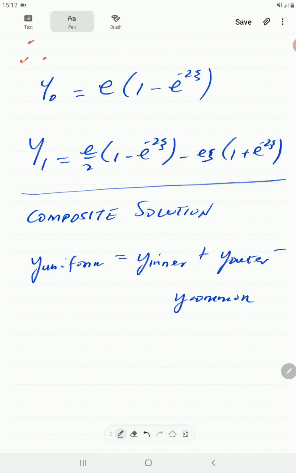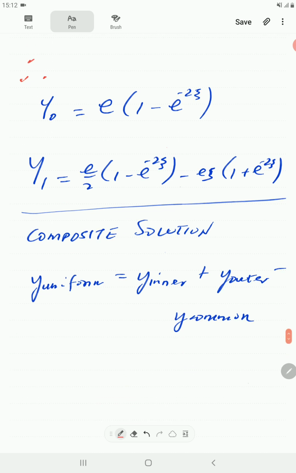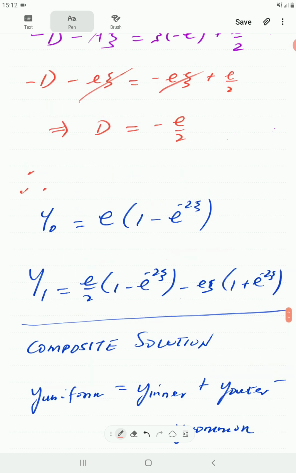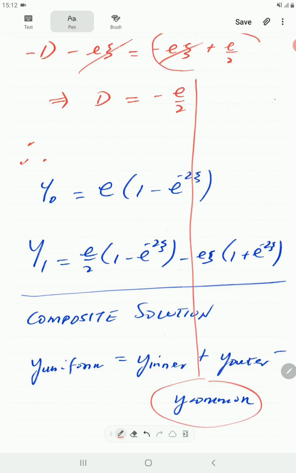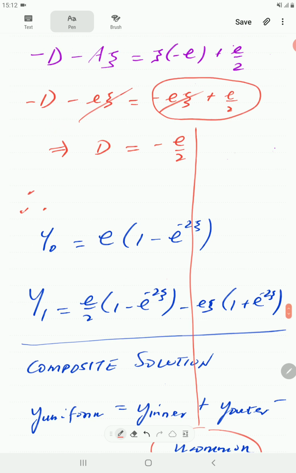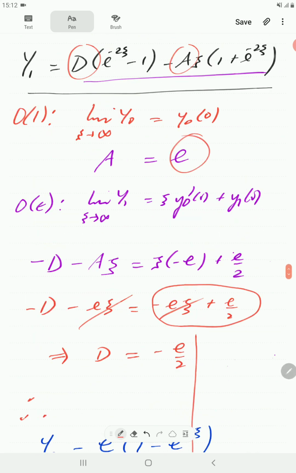Y common is always going to be given by the terms we got during the matching at each order. Okay, so for instance, at order epsilon, the y common term is going to be this one. Then at order 1, the y common term is going to be e.